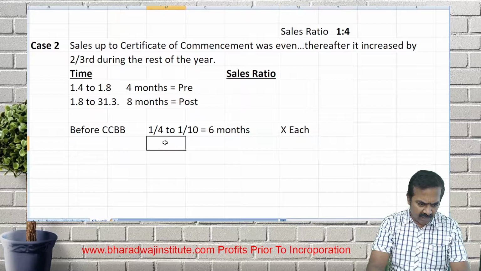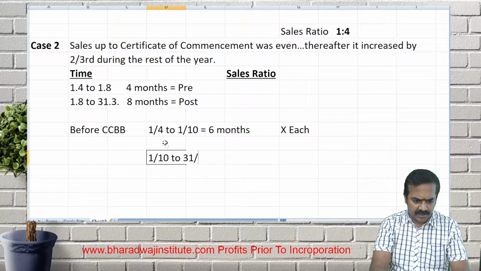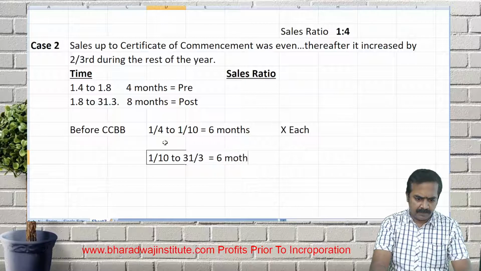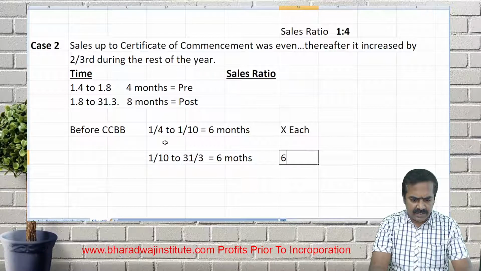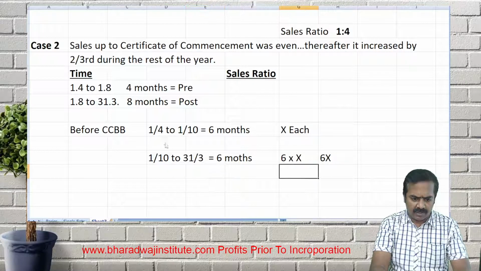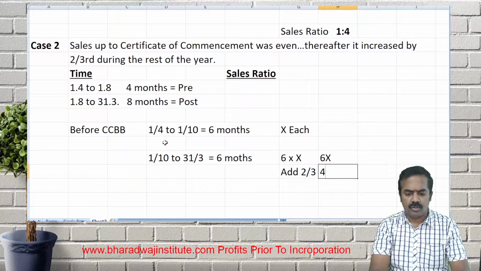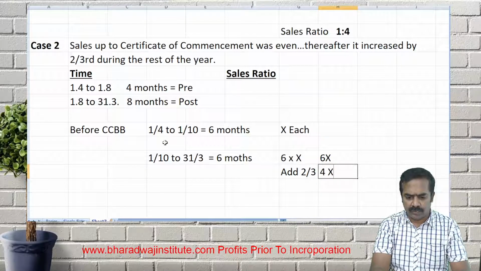Then after that, from 1st October to 31st March, how many months? 6 months. There, 6 into X gives 6X normal. Add what? It has increased by 2/3, right? So 2/3 of 6 is 4X. So what is the total? 10X.